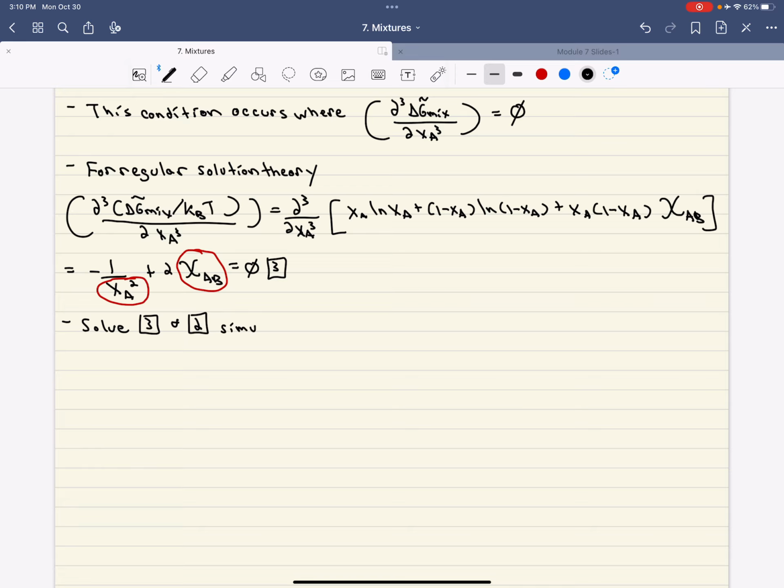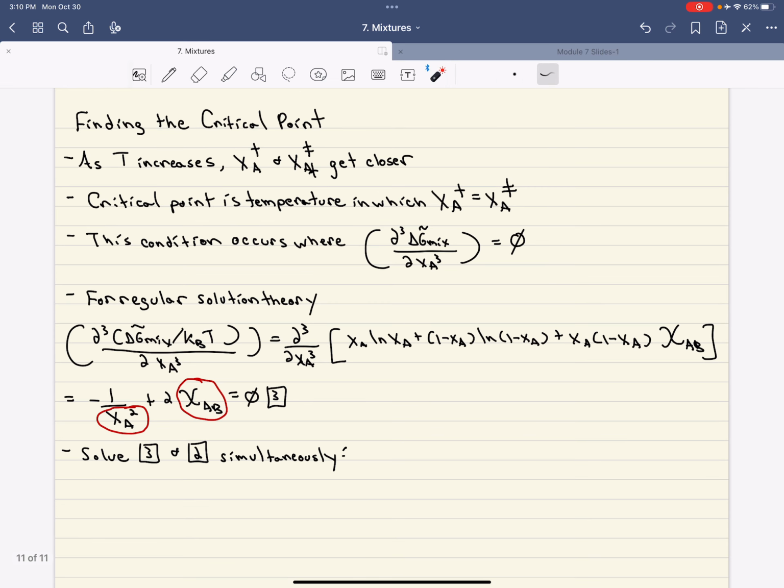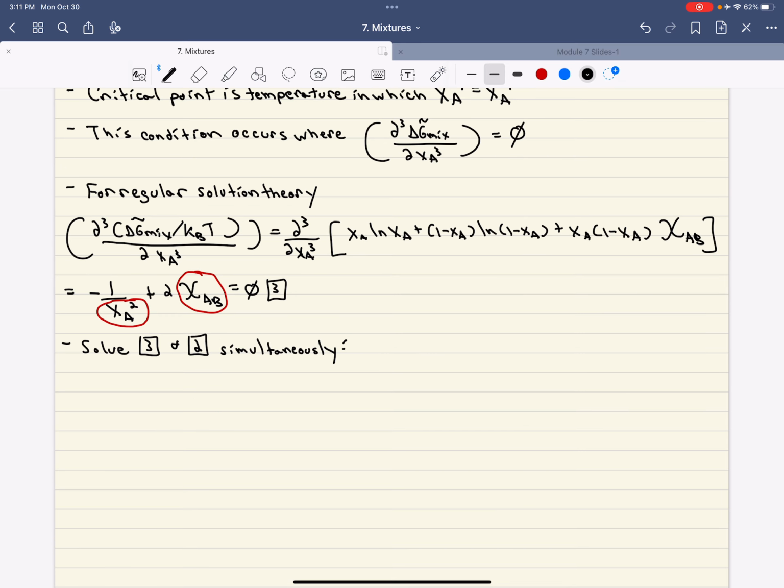When we were calculating the spinodal, we said that where the second derivative is equal to 0, that corresponds to the spinodal. For the critical point, we're still looking at the spinodal, just at the part in which these two compositions are equal to one another. So we need to solve those two spinodal equations at the same time.